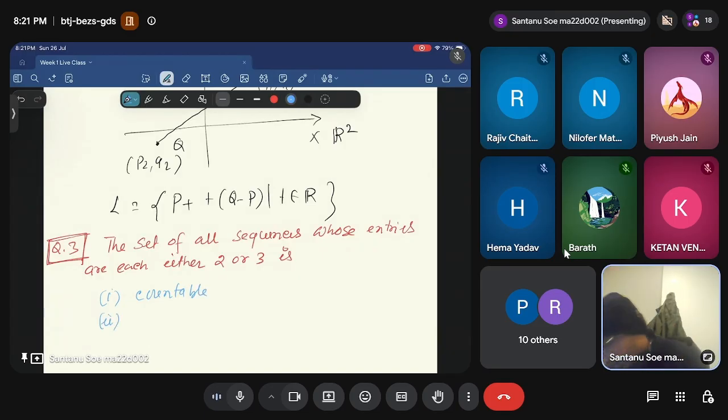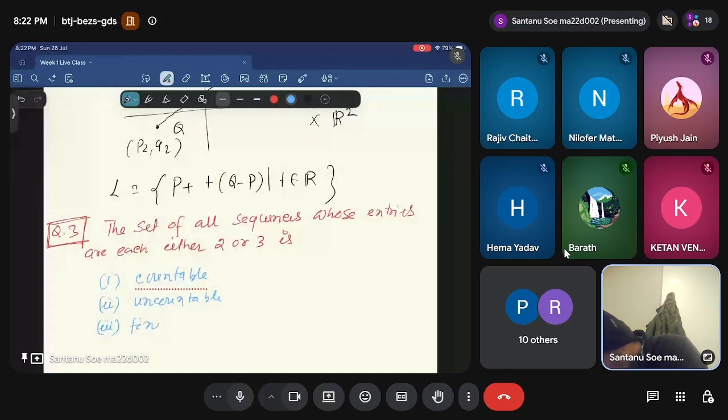Next option is uncountable. Next option is finite. Another option is none of this, NOTA, none of the above, right? So any idea? Anyone?